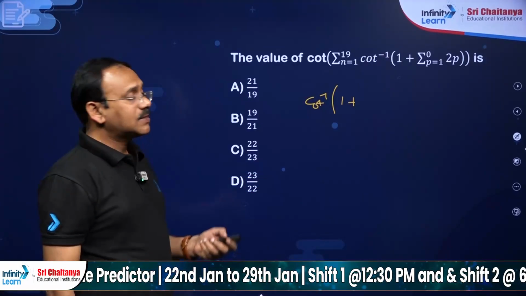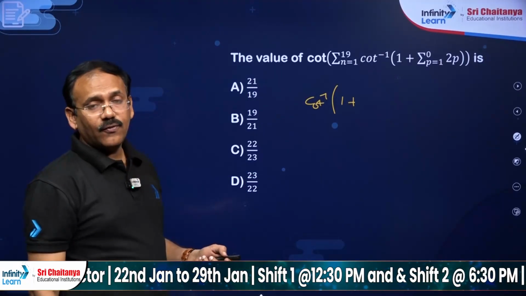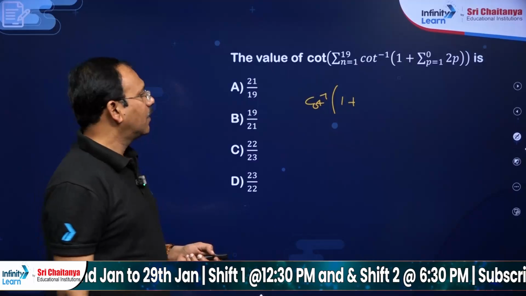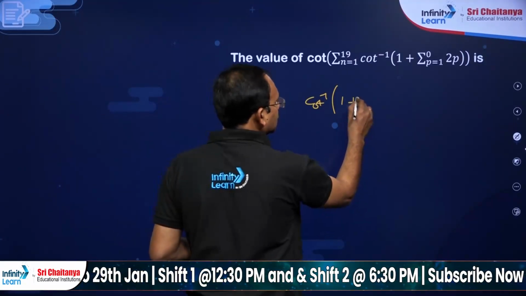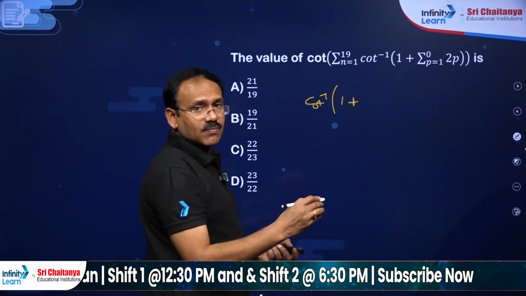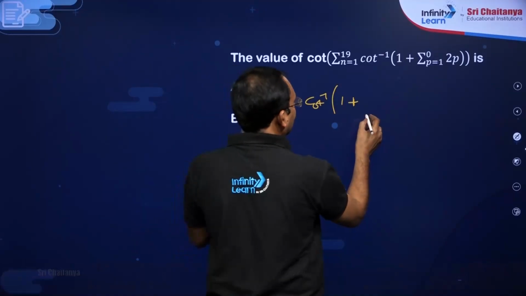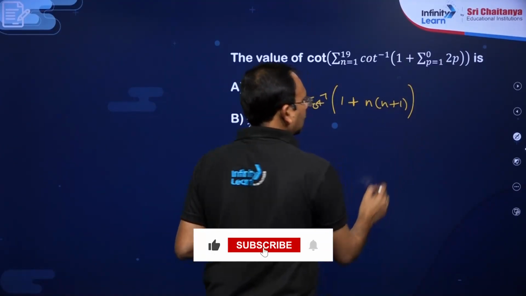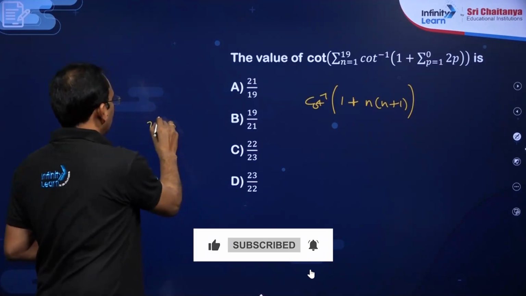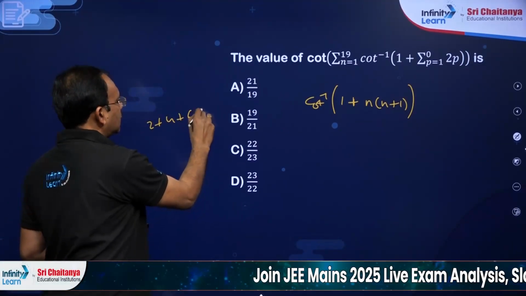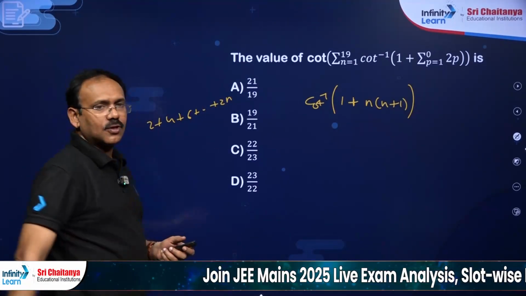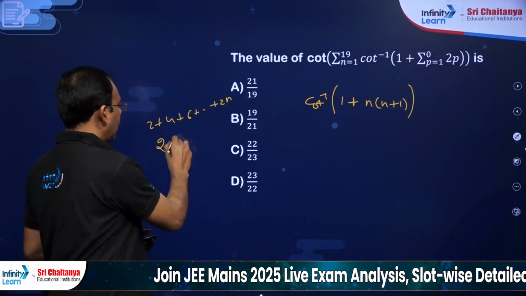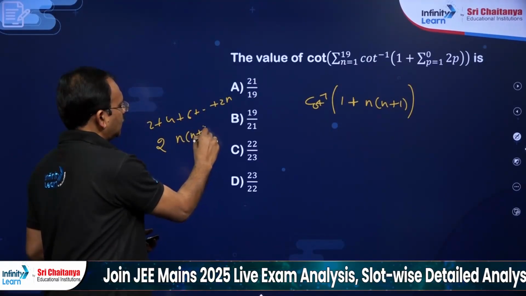Suppose up to n, the sum of the first n even natural numbers will become n into n plus 1, because 2 plus 4 plus 6 and so on up to 2n, you take 2 common, the rest is n into n plus 1 by 2.